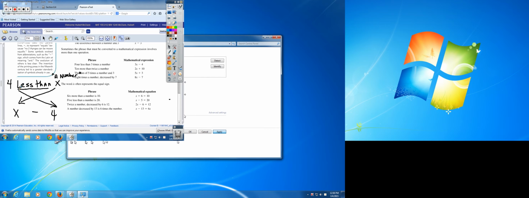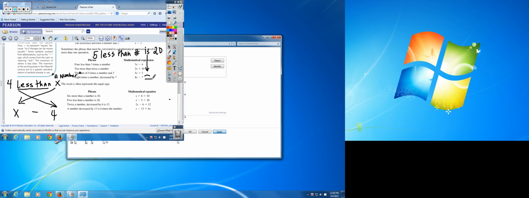So, when you see less than, 5 less than a number is 20. Now we all know what is means. Is means what?